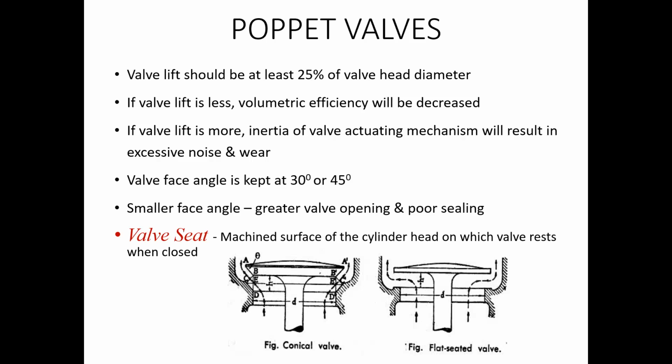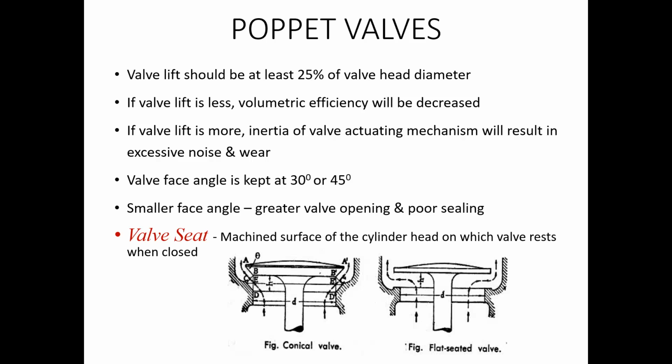If the valve lift is less, that means the valve does not open sufficiently, the volumetric efficiency will decrease, because proper intake will not be there. Sufficient air-fuel mixture will not enter the engine cylinder, and also sufficient exhaust will not be expelled out of the cylinder. So this will affect the volumetric efficiency.